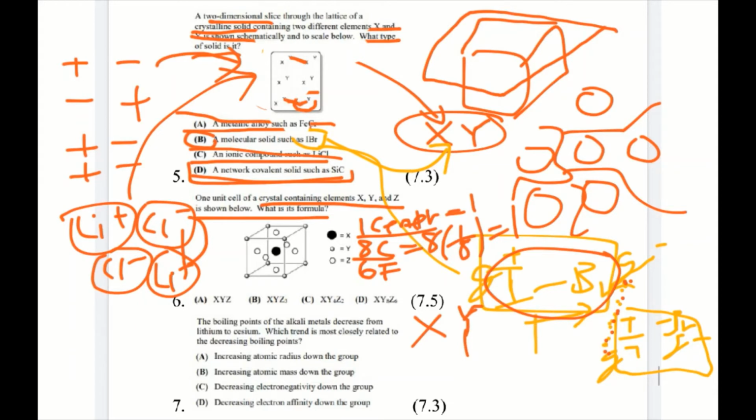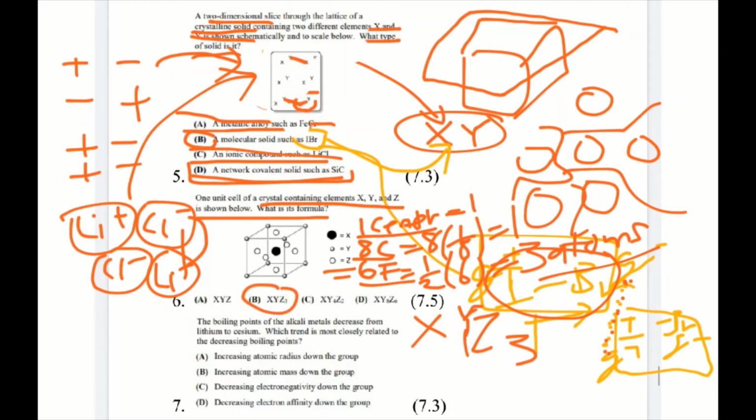Well, there's only 6 face atoms that are Z, and each face atom is worth half an atom. So since there are 6 face atoms and each of them are worth 1/2, there are a total of 3 atoms. So there are 3 Z atoms, so X, Y, Z, 3, that's B.